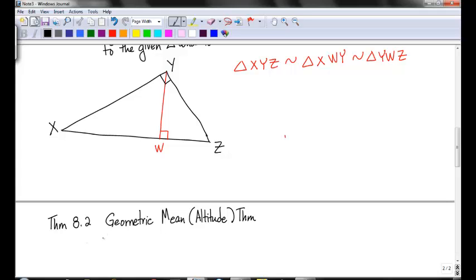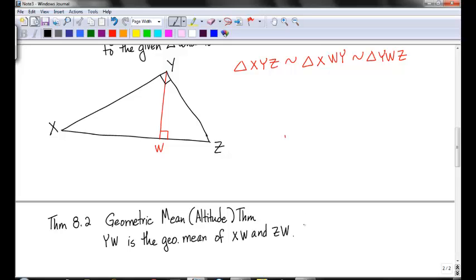It says the altitude YW is the geometric mean of XW and ZW. YW is the geometric mean of XW and ZW.